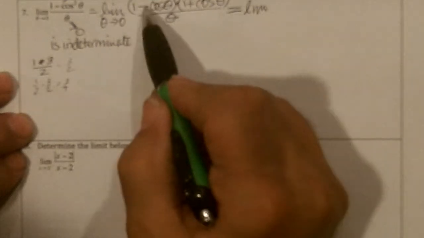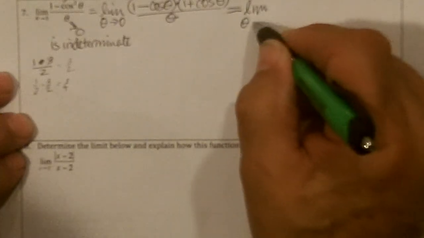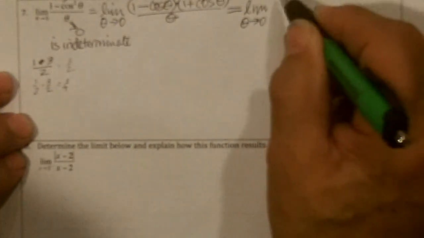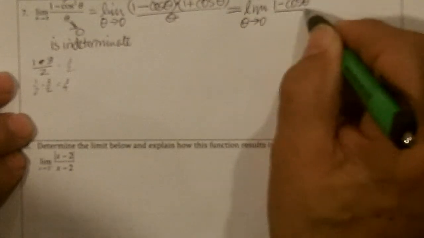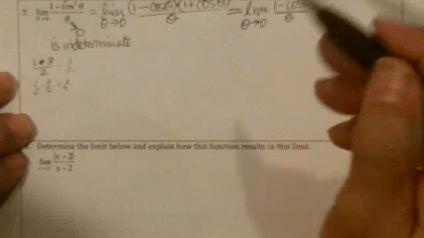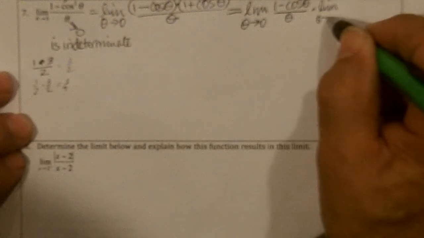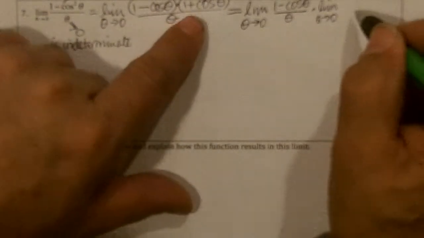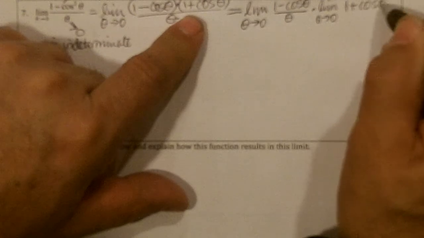So let's choose wisely here. We know that 1 minus cosine theta over theta, as theta goes to 0, is one of our special ones. So we're going to say, as theta goes to 0, of 1 minus cosine theta over theta times, the limit of the product is the product of the limits, so the limit as theta approaches 0 of the other piece, 1 plus cosine theta.